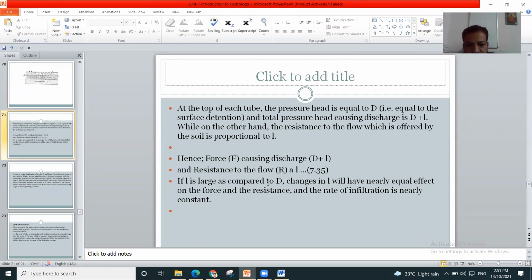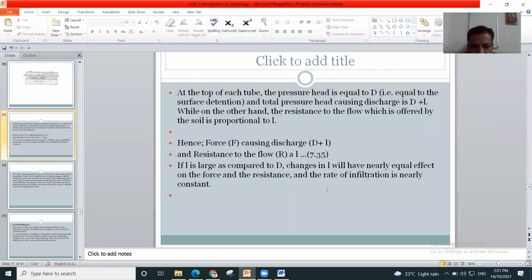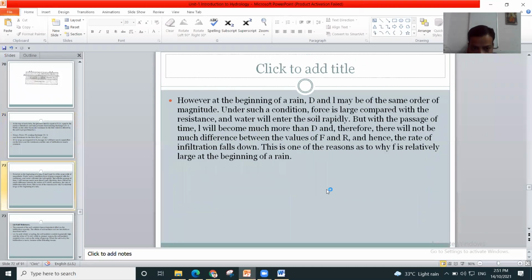If L is large as compared to D, changes in L will have nearly equal effect on the force and resistance, and the rate of infiltration is nearly constant.